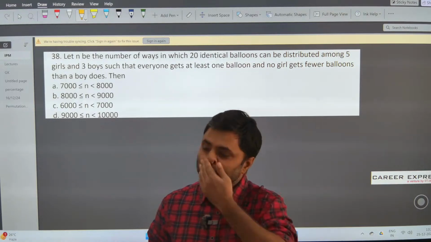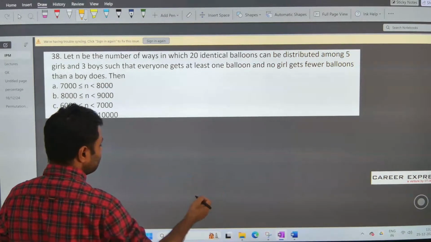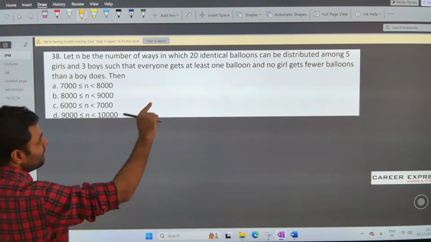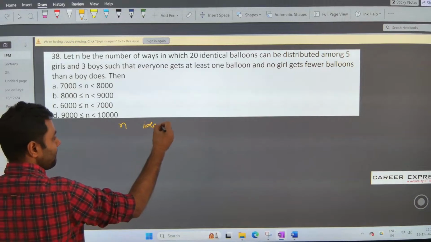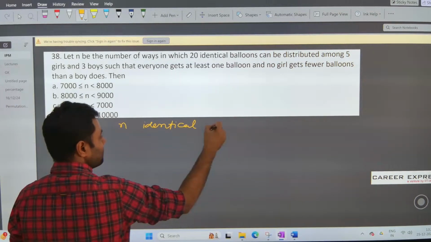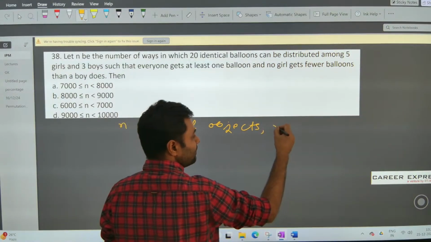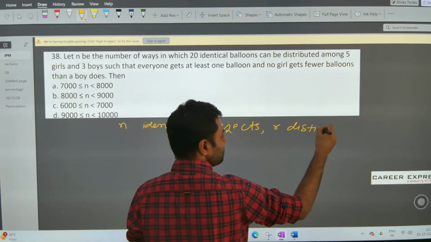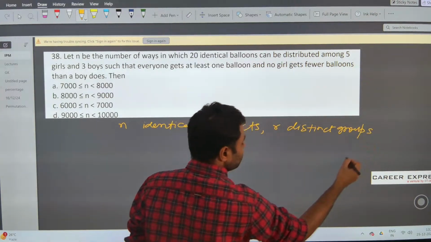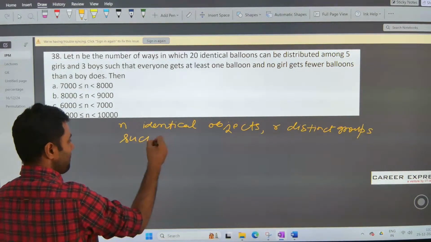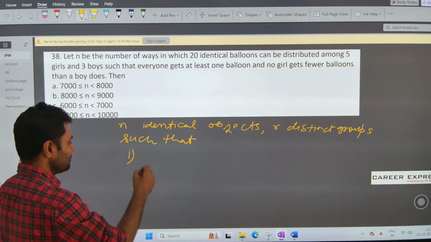Okay, so the two basic formulae of partitioning theory, let me note down here once. The condition is that there are n identical objects and they are to be distributed among r distinct groups such that there is no condition.